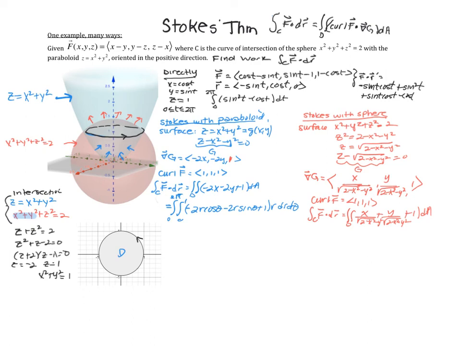All right, the other thing we can do here, which I mentioned when I set it up in class, and is sometimes easy to miss, is this: we found out that this curve intersects in the plane z equals 1. So that means that this surface right here is the plane z equals 1.